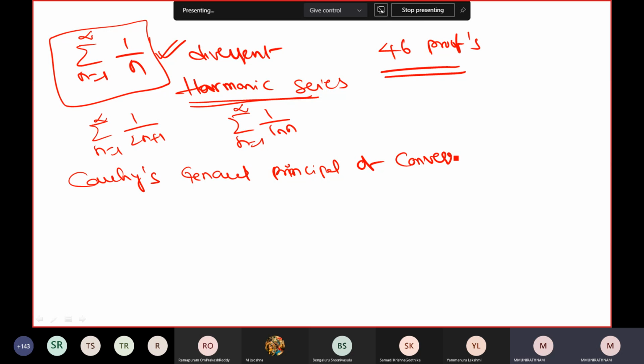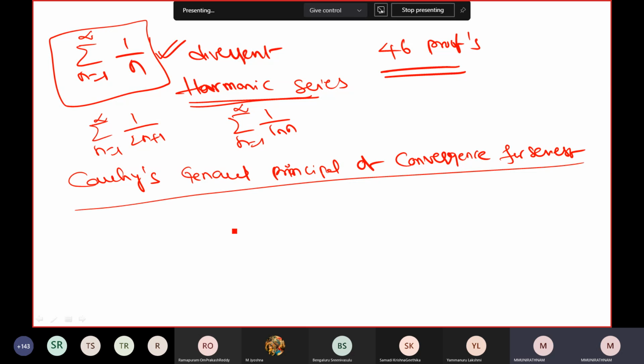సో ఫస్ట్ కాషీస్ చూద్దాం, తర్వాత మనకేముందో చూద్దాం, ఓకే. General principle of convergence for series.